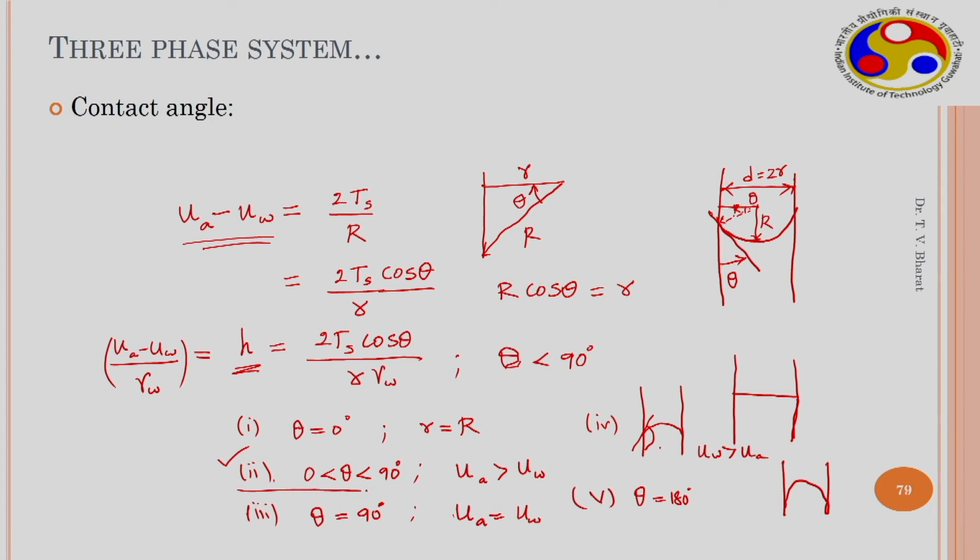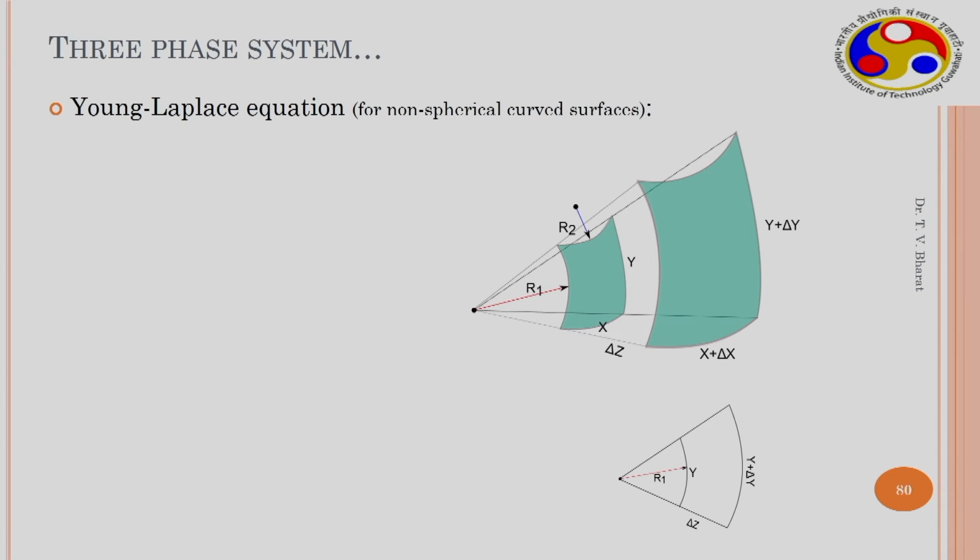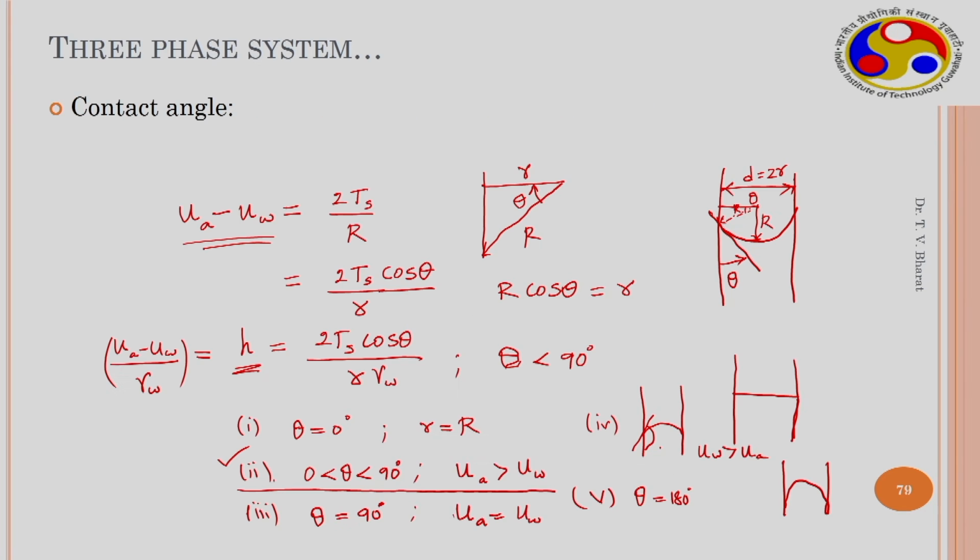This is more relevant. Theta varies generally between 0 and 90 degrees. Slowly we are inching towards understanding important state variables in unsaturated soil mechanics. One of the important state variables is this quantity UA minus UW. This is the pressure drop across the water interface, that's what we have understood.